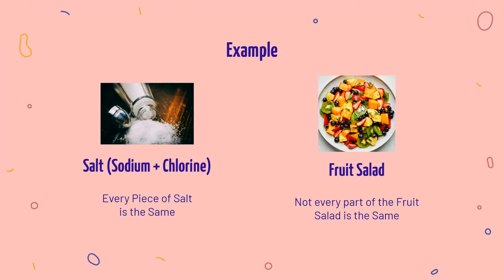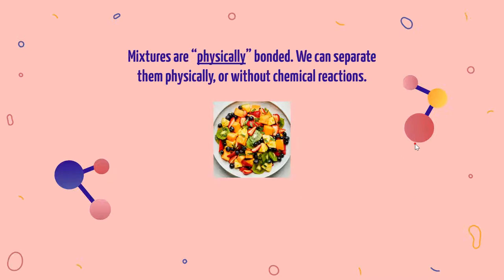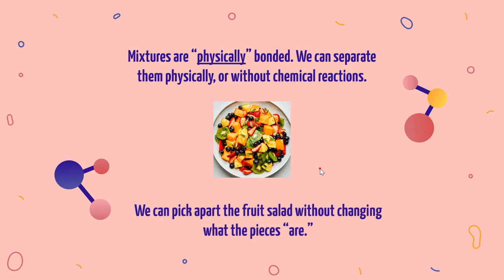I have kiwis and strawberries and mangoes and pineapples, I can see the different parts. Not every part acts the same way. And these mixtures, we say, are physically bonded. We can separate out these pieces physically. We don't have to perform any chemistry. I can literally pick this salad apart and not change what those pieces are.